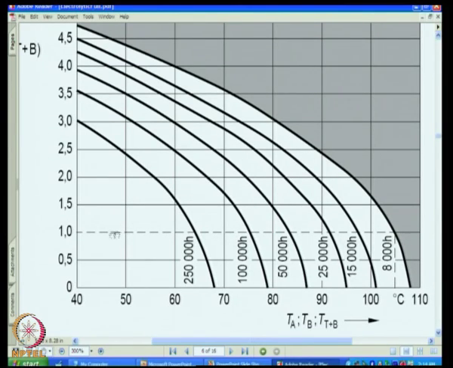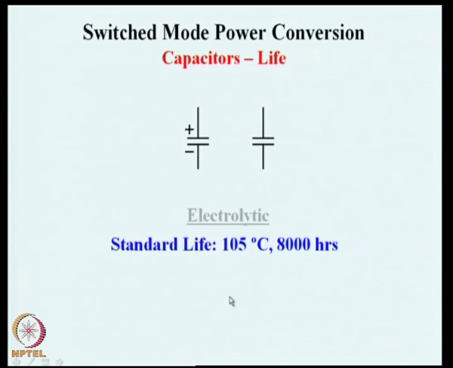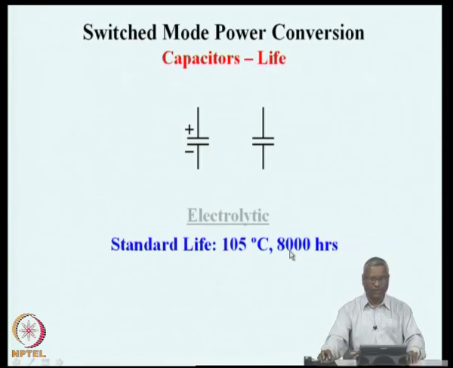When the specifications are as given in the data sheet, the 1.0 normalized specification at a temperature of 105 degrees gives a life of 8000 hours. So, typically 8000 hours is about 1 year of continuous operation, and that is a satisfactory number. And if we operate at 60 degrees or 40 degrees, it is possible to get higher lives, 100,000 or 200,000 and so on.